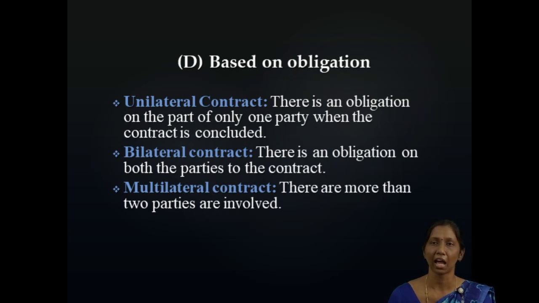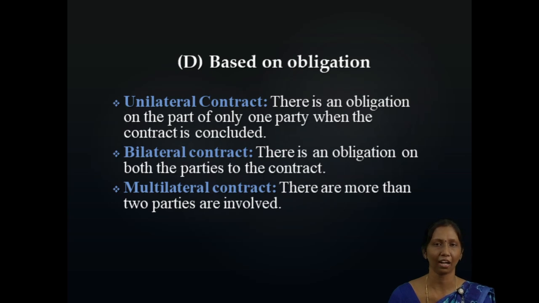We can also say a divorce case: only the husband has to settle the amount to the wife. The wife doesn't have any obligation to settle the amount. So a court judgment is a very good example for the unilateral contract.